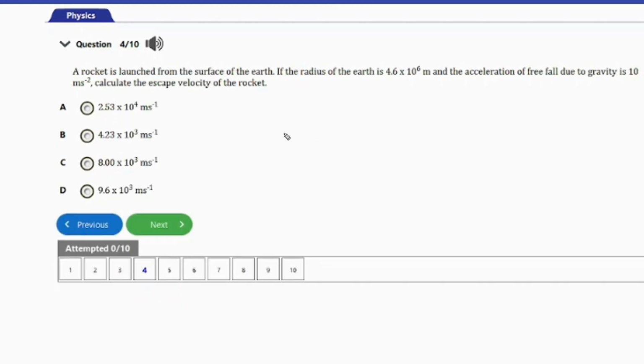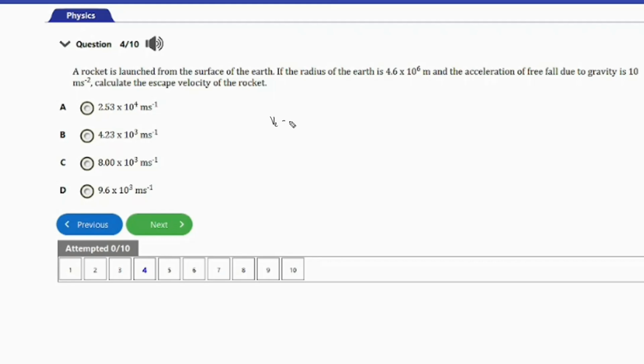So guys, the next question here, question number 4, says a rocket is launched from the surface of the Earth. If the radius of the Earth is 4.6 times 10 to the power of 6 m, and the acceleration of free fall due to gravity is 10 meters per second squared, calculate the escape velocity of the rocket.